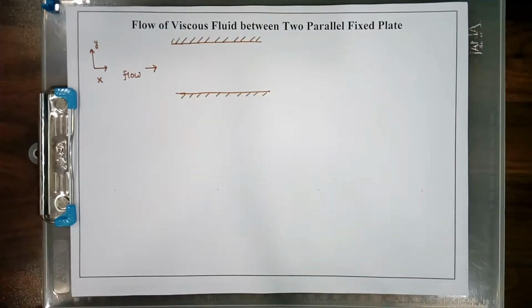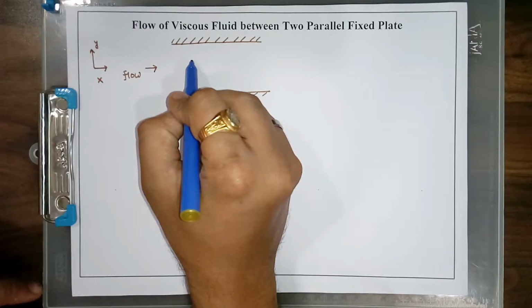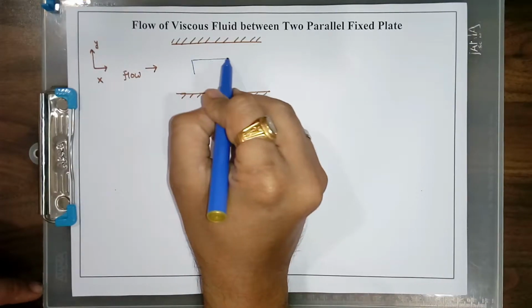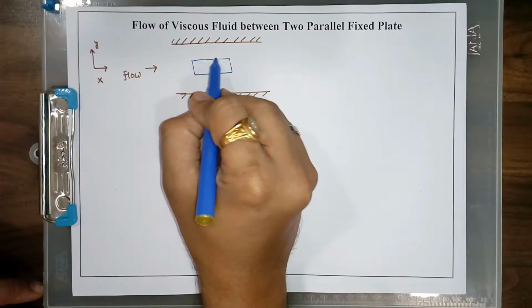For analysis of the pressure drop as well as the velocity distribution profile and the shear stress distribution, let us assume one small element in between the two parallel plates.